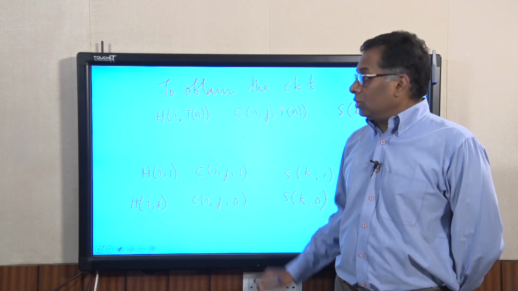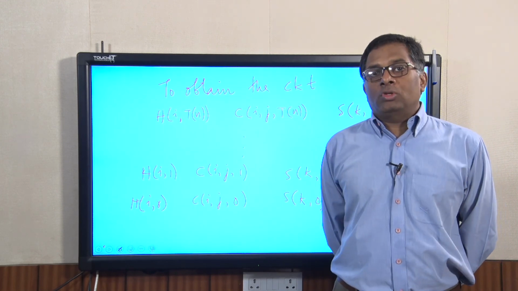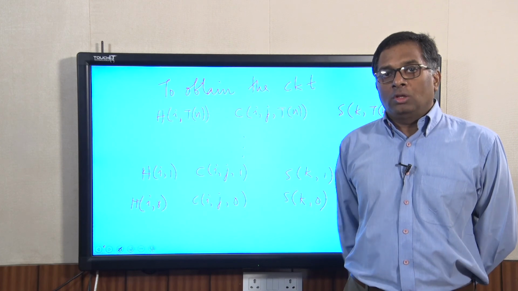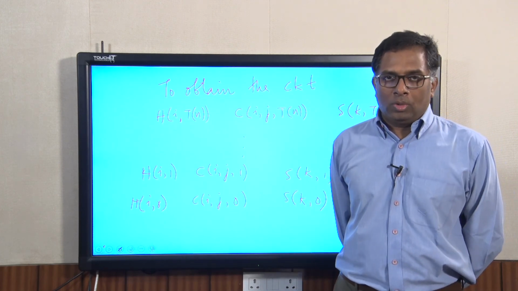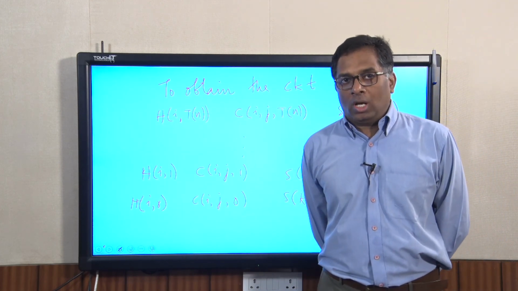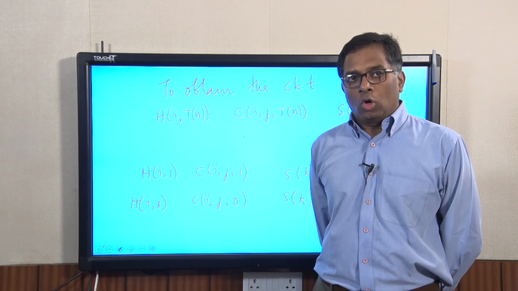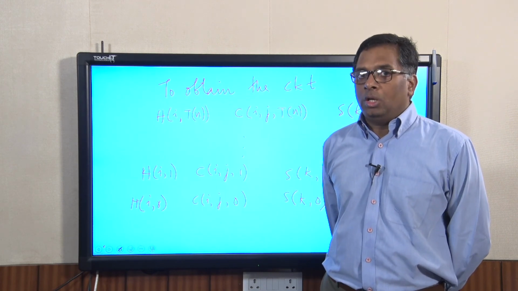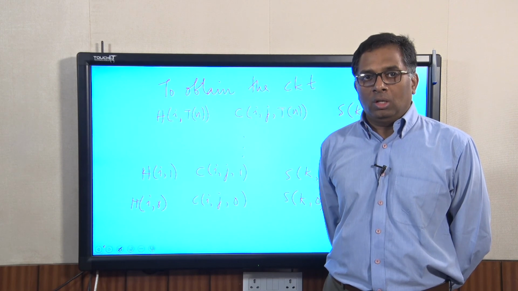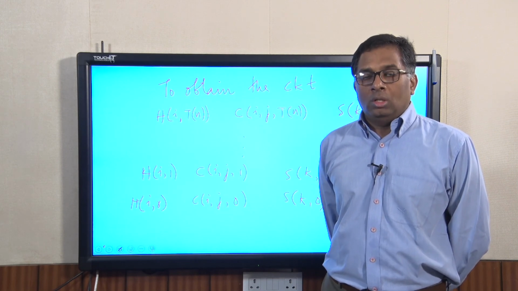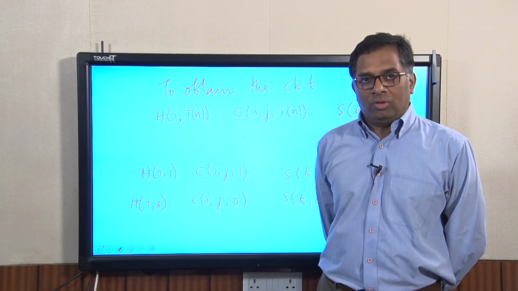And now, what is the circuit that we want? We want a circuit which will evaluate to 1 if and only if the string is accepted by the language. Let us assume a convention that when the Turing machine halts, if it is going to accept the input, it will write 1 in the first cell. If it is going to reject the string, it is going to write a 0 in the first cell.